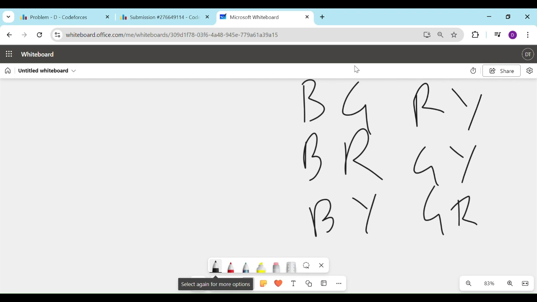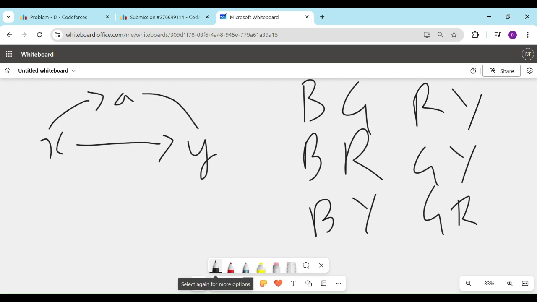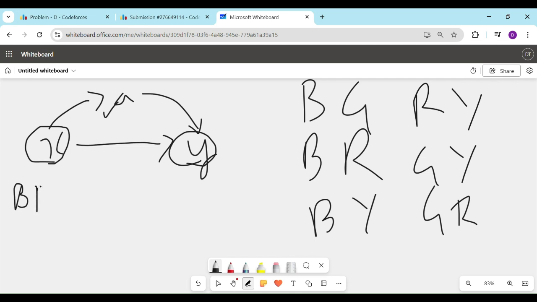Now let's say you are moving from X to Y and you cannot directly move from X to Y. So let's say you are going X to A and then A to Y. Now in this problem, if we cannot go directly from X to Y, we will only need one intermediate. Why is that? Now let's say this is BR and this is GY.